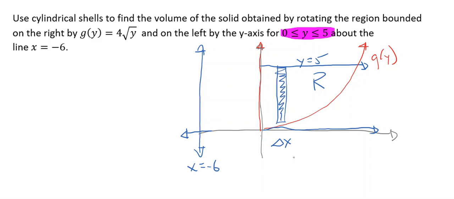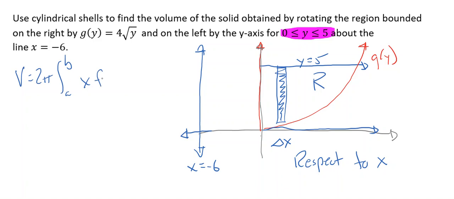So that means that I am going to integrate with respect to x. So that means my formula will be the volume is 2 pi, the integral from a to b of x times f of x dx with respect to x. So everything needs to be in terms of the variable x.